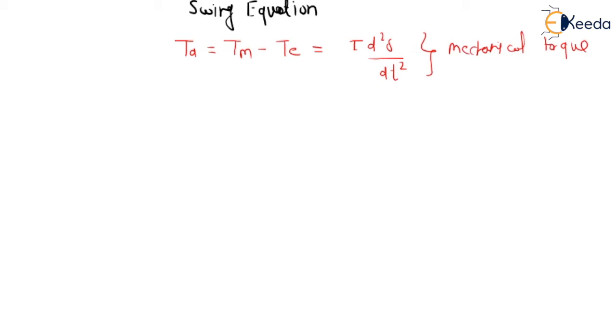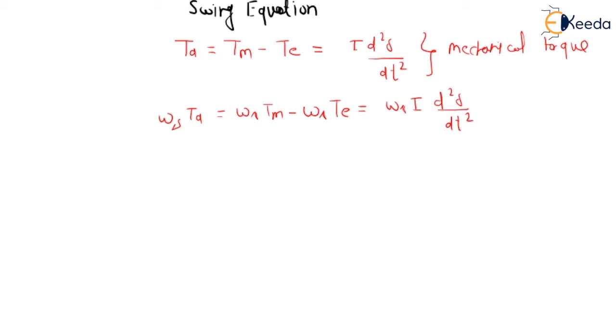Now when we multiply by omega s, omega s into Ta is equal to omega s into Tm minus omega s into Te is equal to omega s into I into d2 delta by dt2.